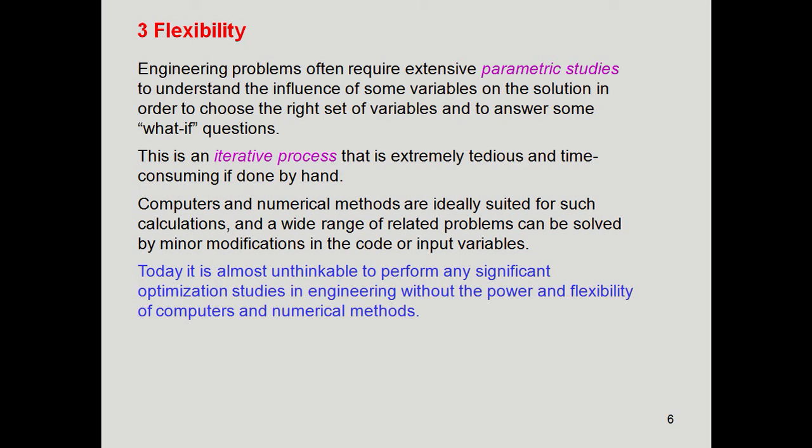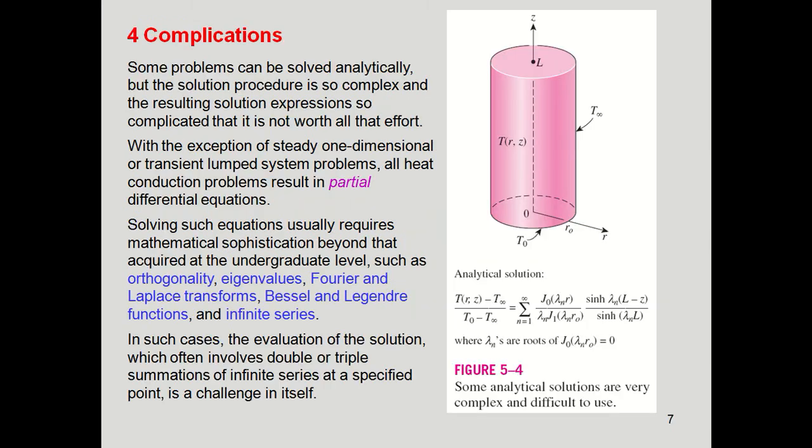So now this is a common thing. We can solve engineering problems by using computers and numerical methods. That means this is the flexibility of numerical methods. If we make even a small change in the parameters of a particular problem, we can solve it by using numerical methods.